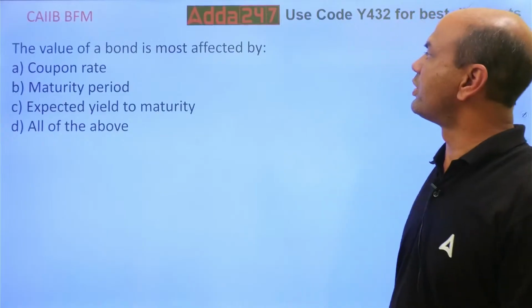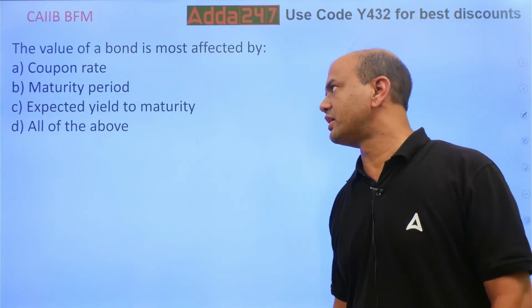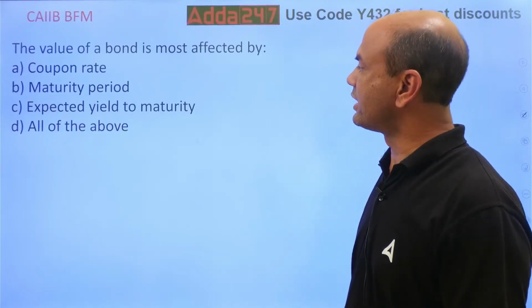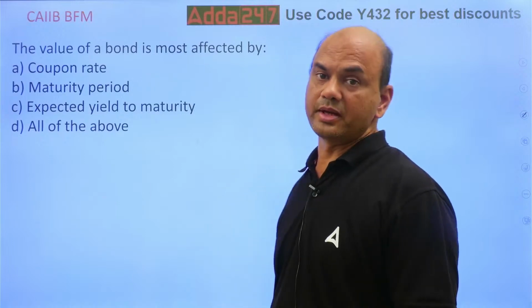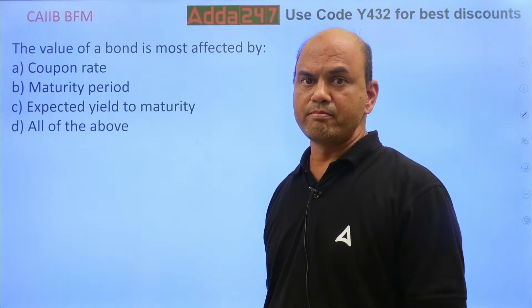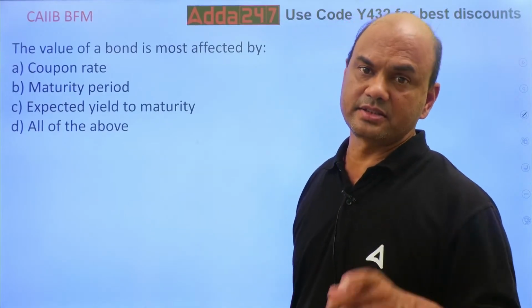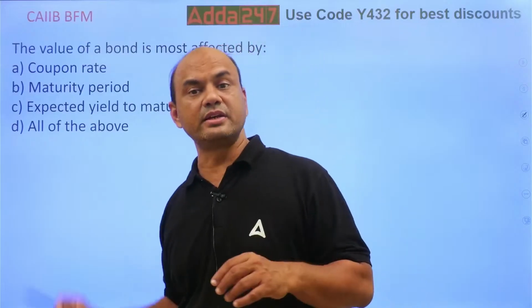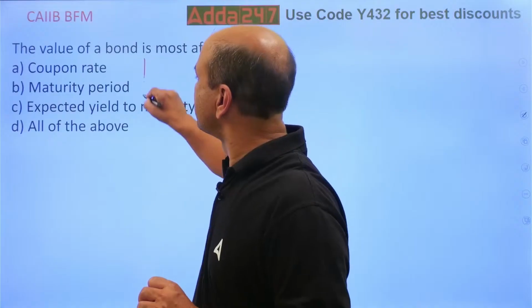The value of the bond is most affected by: coupon rate, maturity, expected YTM, or all of the above? Many of you will answer all of the above. Check my yesterday's session, where I took this in detail.